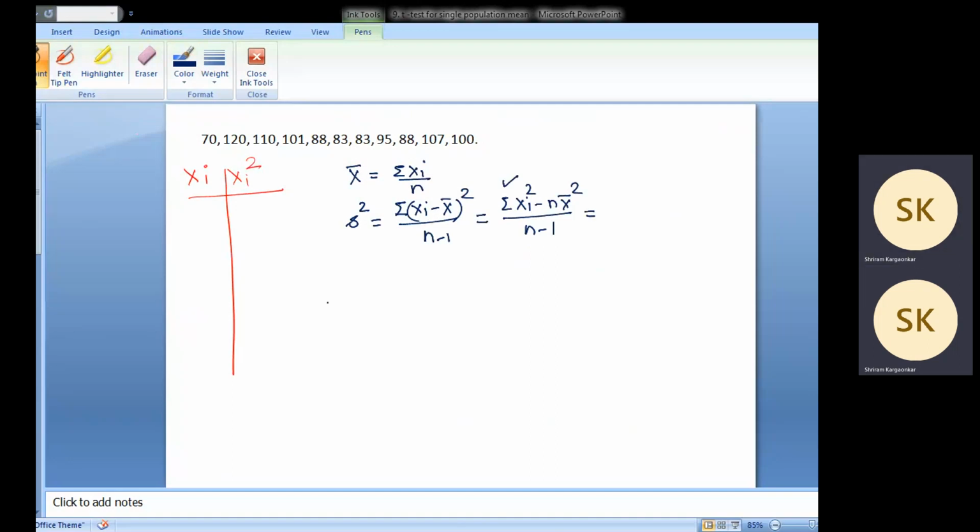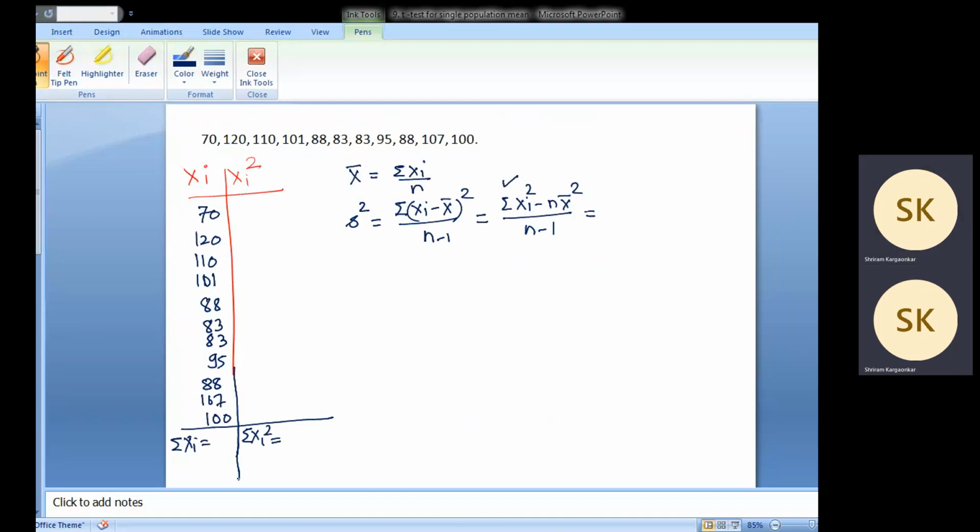Okay, got it? So now let's do this calculation: 70, 120, 110, 101, 88, 83, again 83, 95, 88, 107, and 100. Using the scientific calculator, you can easily find the totals, because we require the total.